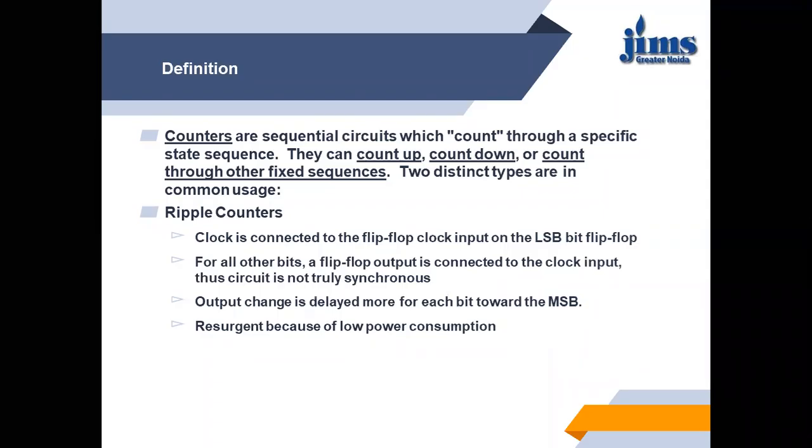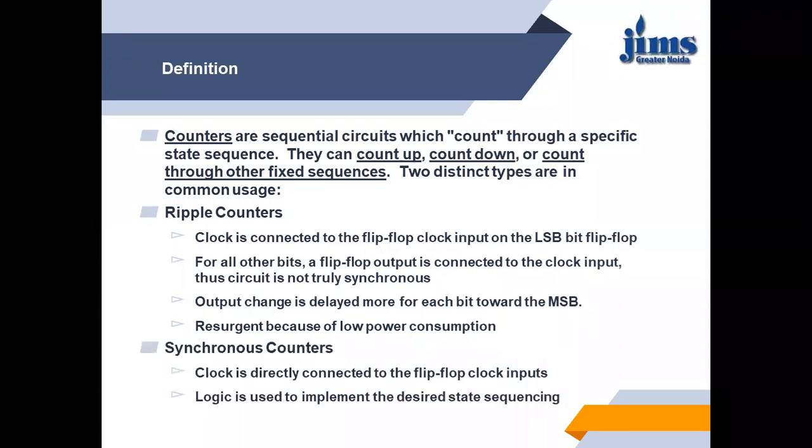That means the output of the first, that is the LSB flip-flop, will act as a clock to the next flip-flop, and it will continue throughout the circuit design. Output change is delayed more for each bit towards the MSB, and it is resurgent because of low power consumption. These are the characteristics of the ripple counters.